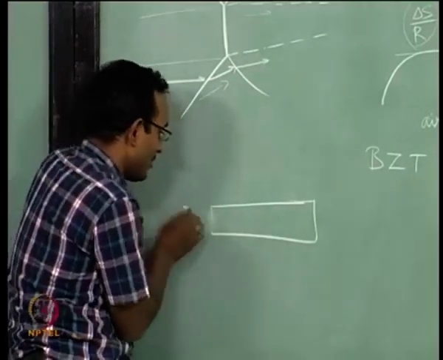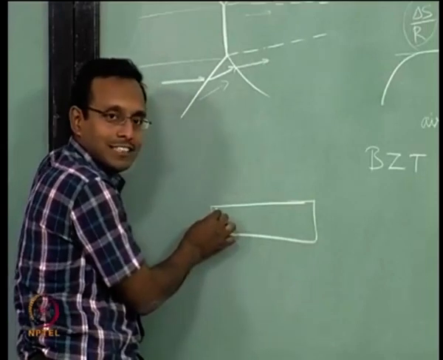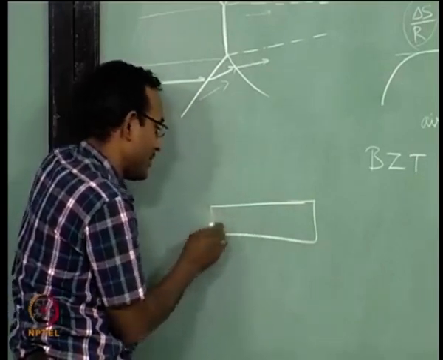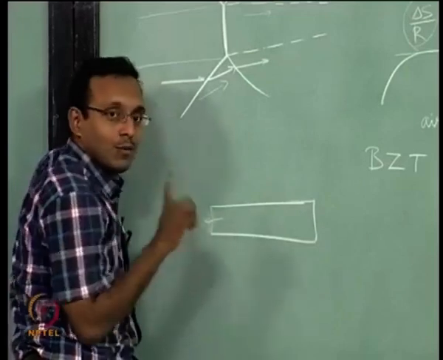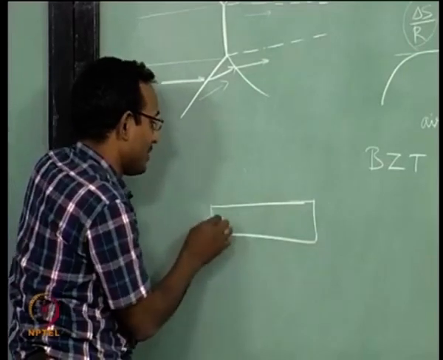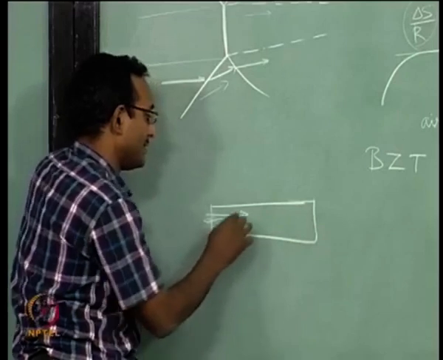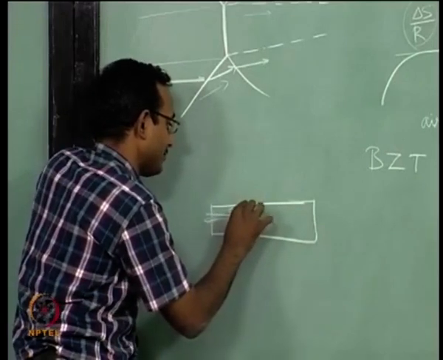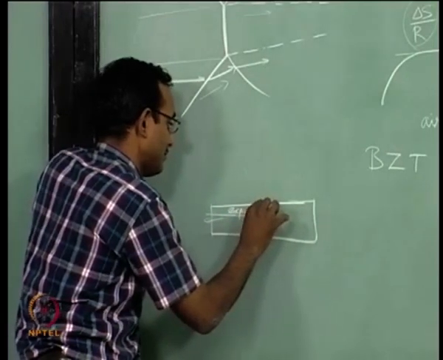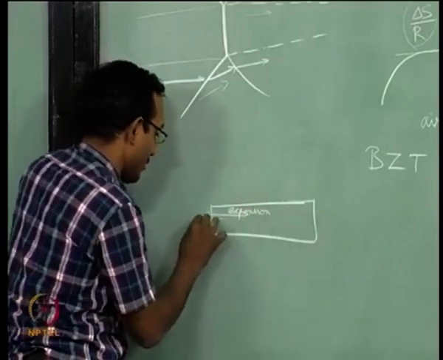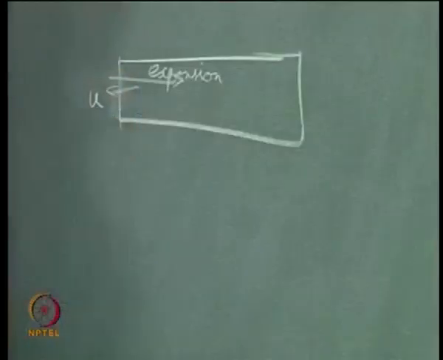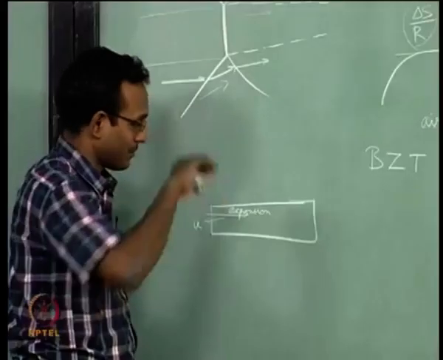When they come out, the people sitting next will realize there is more empty space. So, they will start moving this way, everybody will start moving this way, while the information that the gate is open goes that way. This is your expansion wave. Expansion goes that way while the velocity goes this way. Mass goes this way while the expansion wave goes that way. That is what you have to remember.